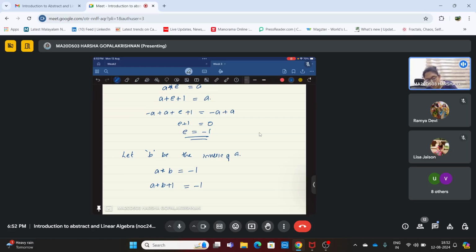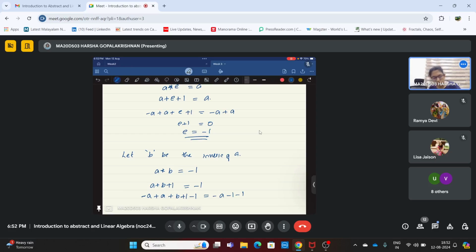So what should be the B here? Here also we are not just taking A and 1 to the other side. What we will do is add minus A on this side: minus A plus B plus 1 minus 1. So first we added minus A here, then minus 1, again 1 minus 1.